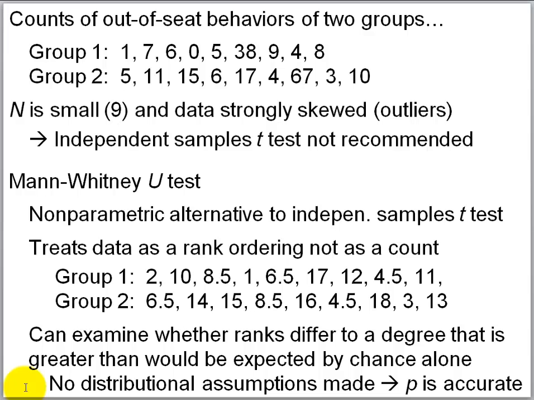And so we're going to get an accurate p from the Mann-Whitney U-test because it's not using the count data, but rather it's dealing in ranks, and we don't need to be concerned about that.